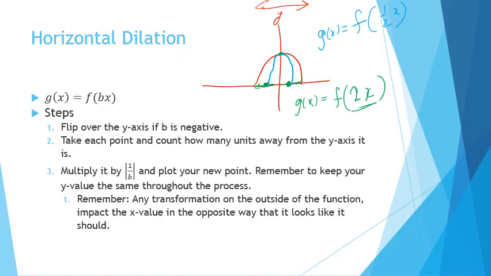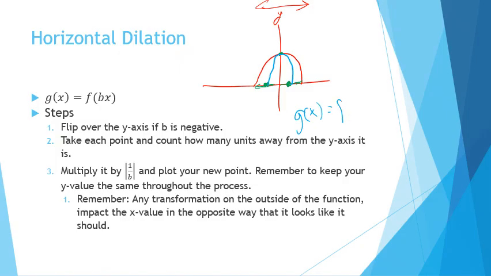Let me just make this clear. Whoops, I think I might be confusing some people with the colors. So here, if we have that blue function there, that blue function should be what g of x equals f of 2x looks like. And then let's say we have a purple function, g of x equals f of 1/2 x.